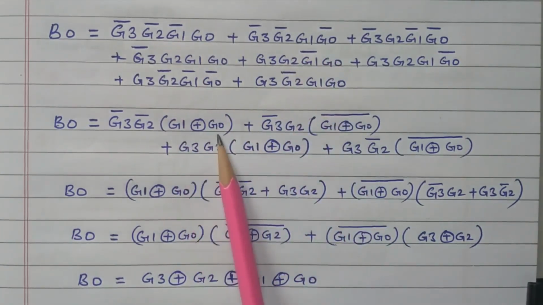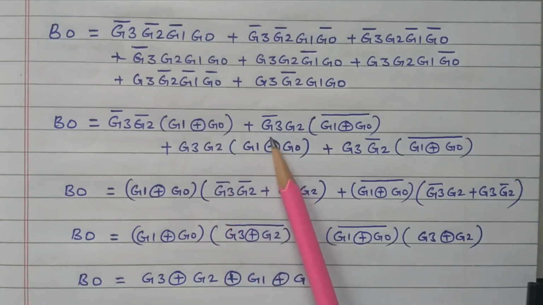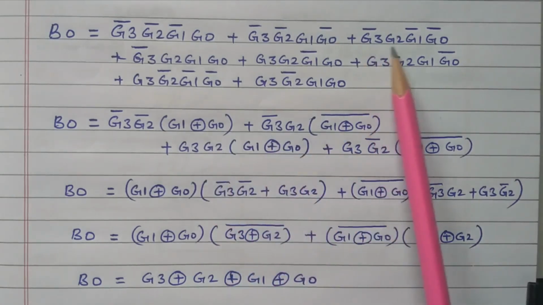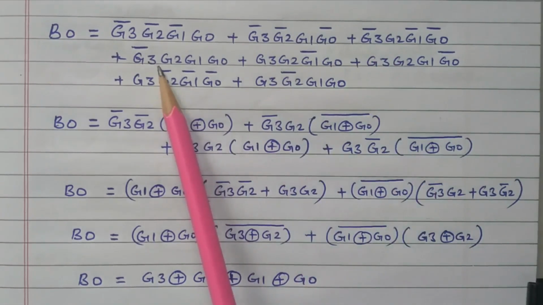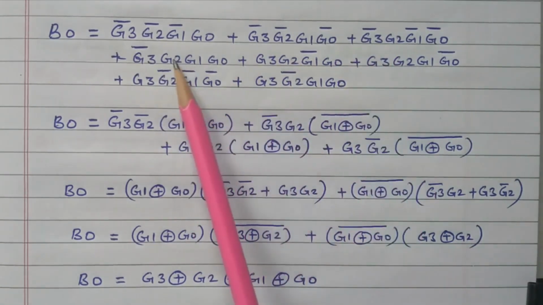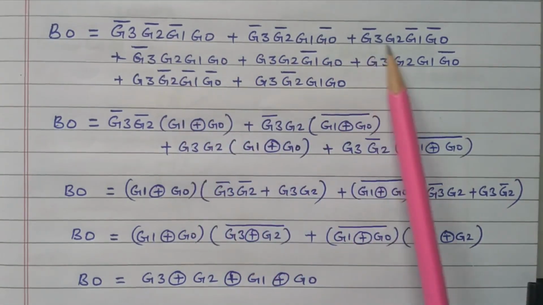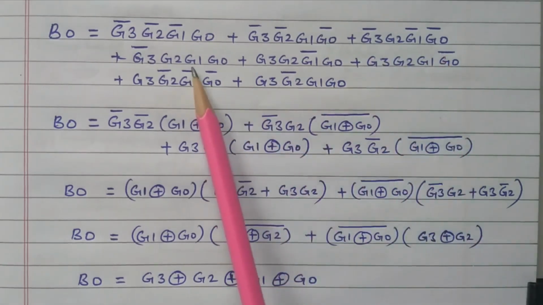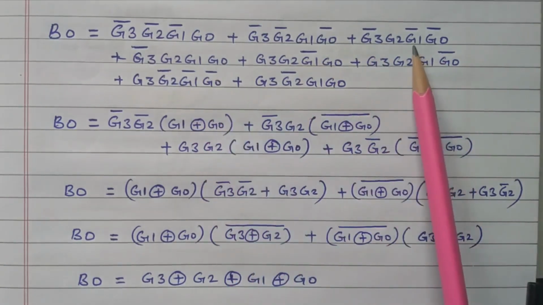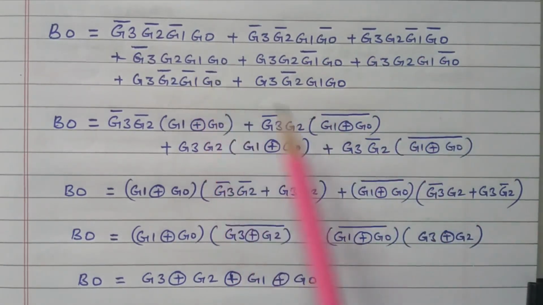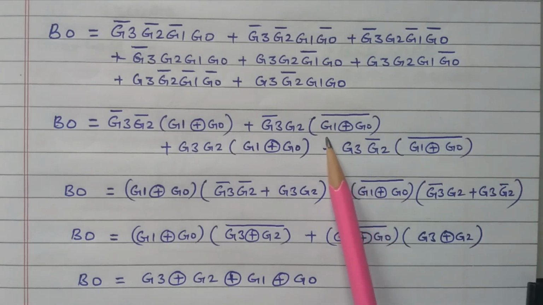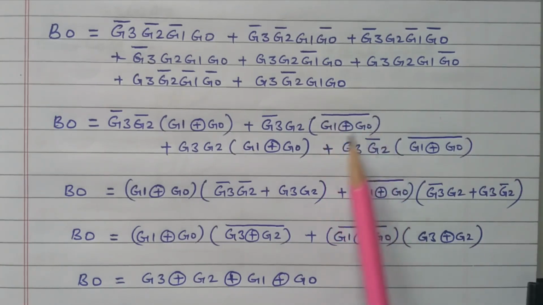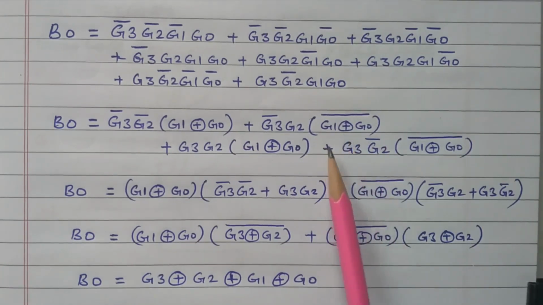Then G3 dash G2 is taken out from the third and fourth term. What is available? G1 dash G0 dash plus G1 G0. That is nothing but an exclusive NOR gate. For that, we take one complement so that it becomes an exclusive OR gate again.